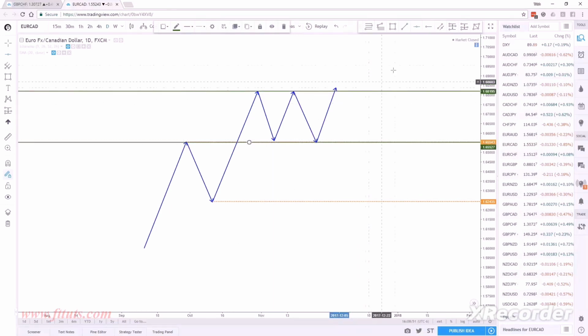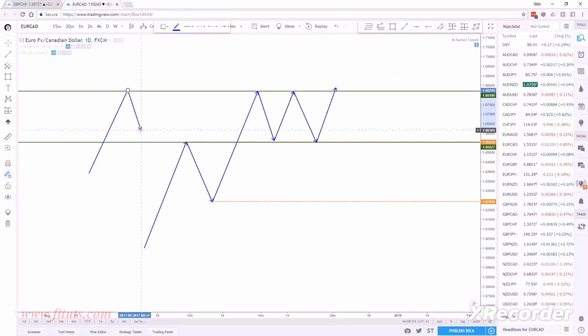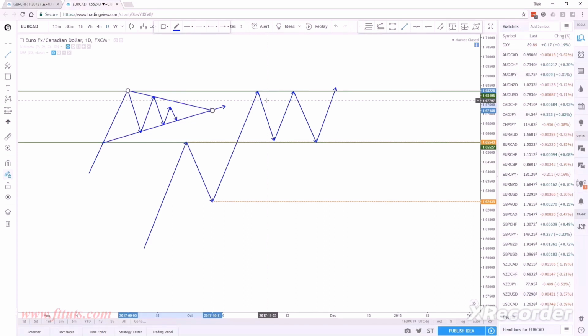Okay, then we also have price coming up here. Let's say we're using the same example, and then making smaller and smaller retracements, never breaking this low point, which is symbolized by this line here. And that gives us our pennants and our wedges and all of our consolidating market patterns.